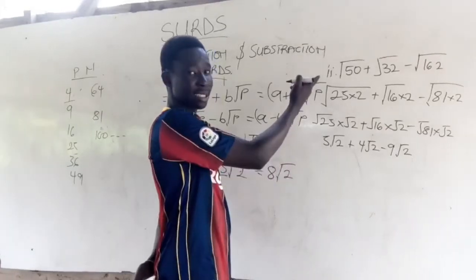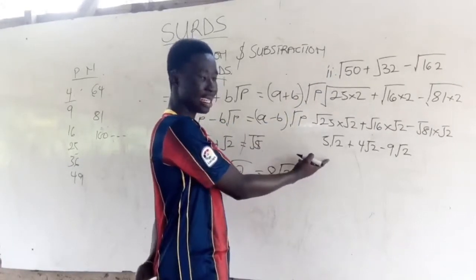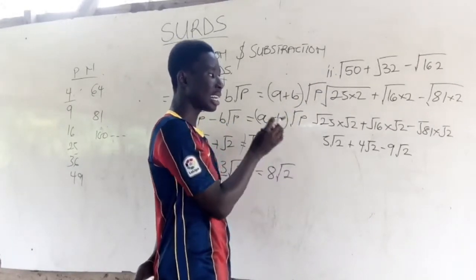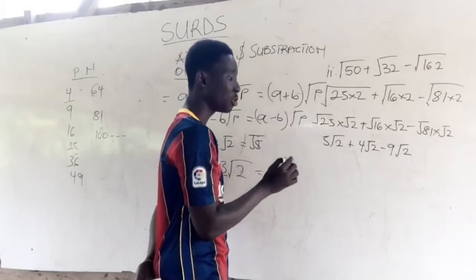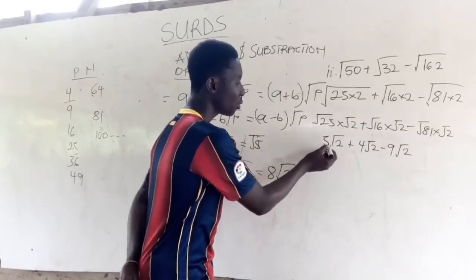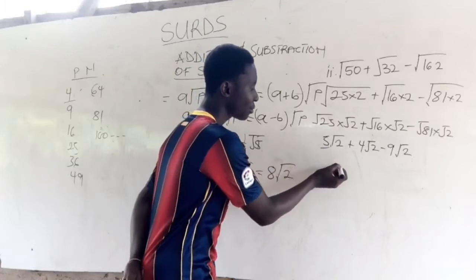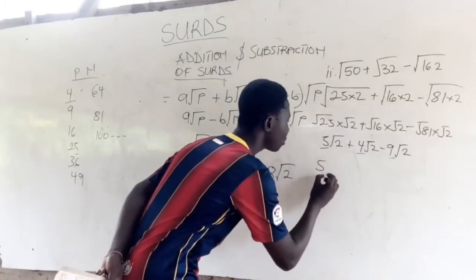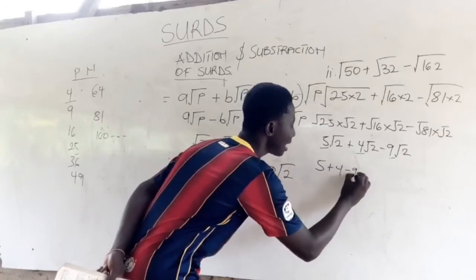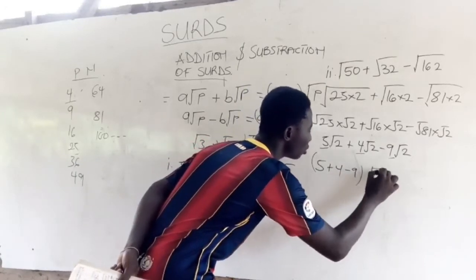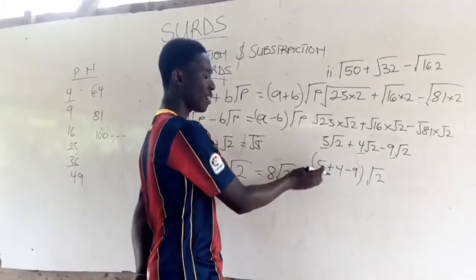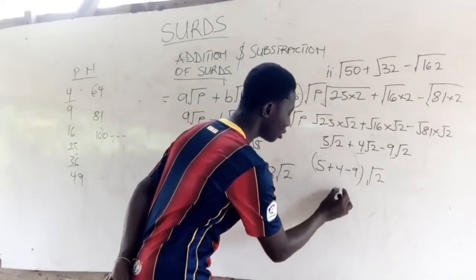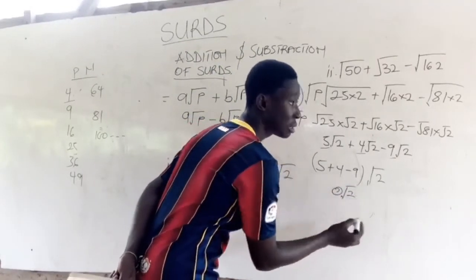At first, there was nothing like that, but at the end, they look alike. So kindly know how to treat such questions when you meet them. So you are going to add 5, 4, and then minus 9. So 5 plus 4 minus 9, and you take one of the roots, root 2. So 5 plus 4 is 9, 9 minus 9 is 0 root 2, which is going to give us 0.